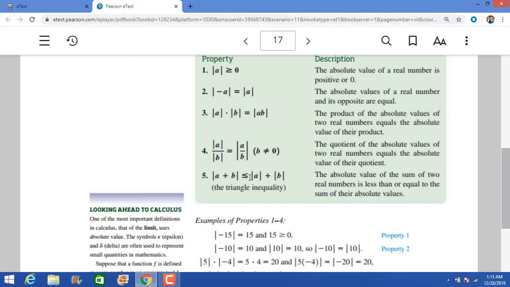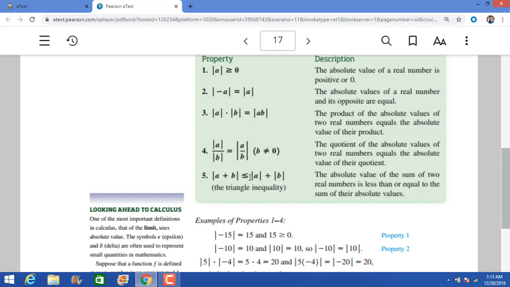Now, the triangle inequality is something you will have to remember. It's not equal to, but it's less than or equal to. If we take the absolute value of the sum of two real numbers, that is not necessarily equal to the sum of the absolute values.